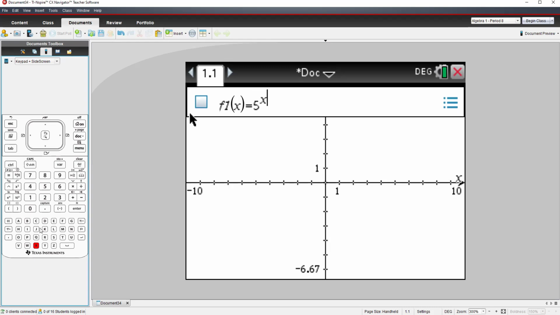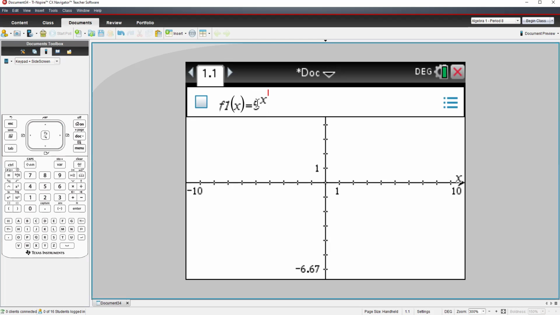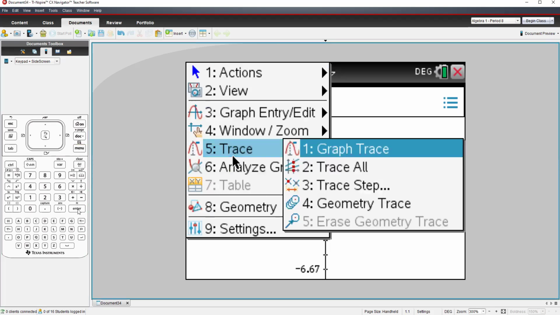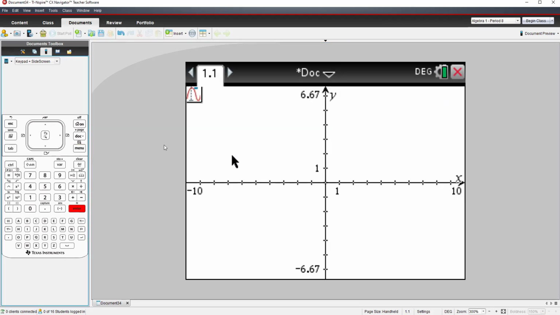And then plus 2B. I can't do that. I can't use that. It doesn't work. If I press enter, it's going to try to do something else. Well, it didn't like it.